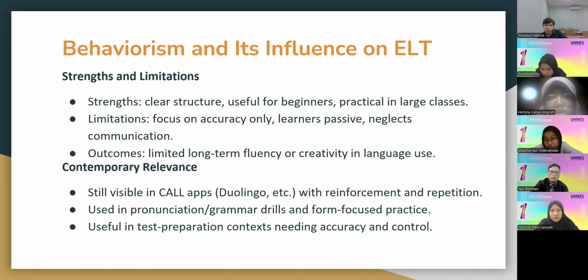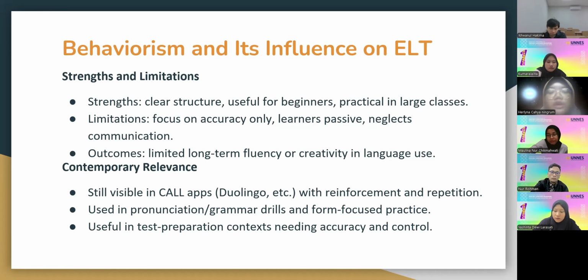The limitation is that it focuses on accuracy only, learners are passive, and it neglects communication. It means that it reduces learning to mechanical repetition, discourages creativity, and neglects communicative competence and learner autonomy. And the outcome is limited long-term fluency or creativity in language use.